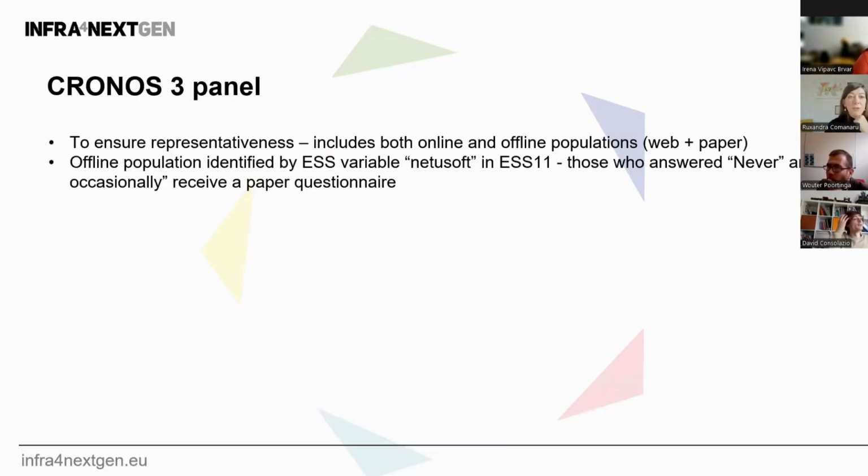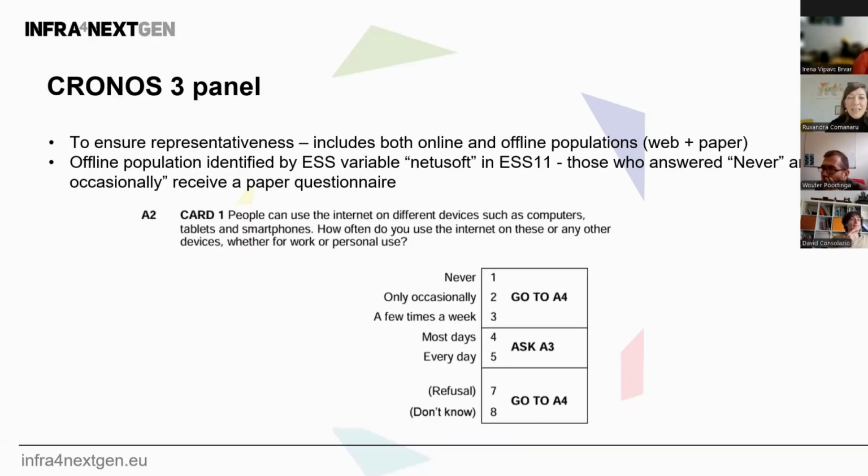So in order to ensure representativeness, we use both online and offline populations. The offline population is identified by the ESS variable netusoft, which is basically how often do you use the internet on different devices, whether for work or personal use. And everyone who answers never or only occasionally is assigned to the paper mode.